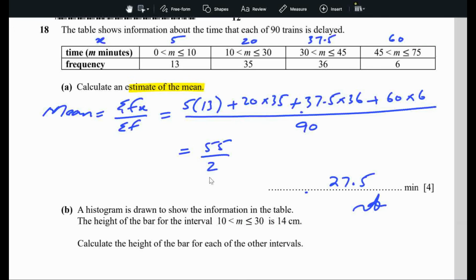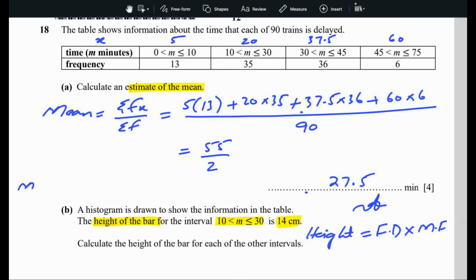A histogram is drawn to show the information in the table. The height of the bar for this interval is 14 centimeters. Now we know that height of the bar will always be equal to frequency density multiplied by multiplying factor.